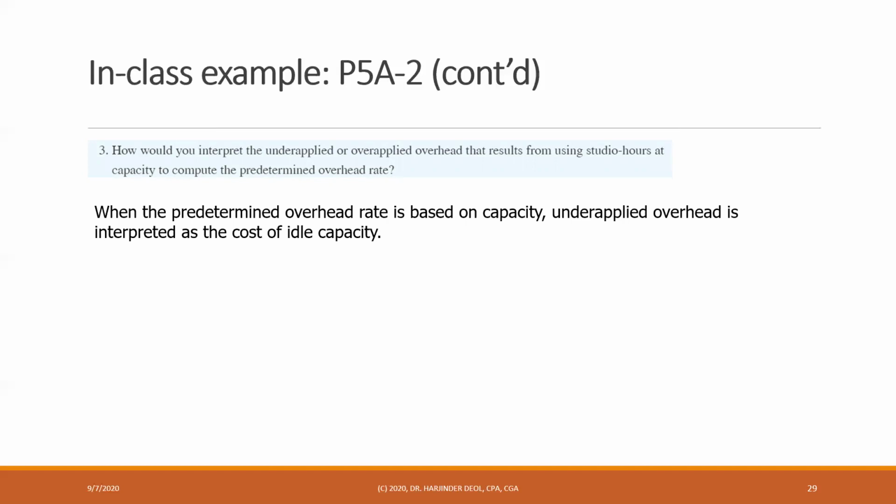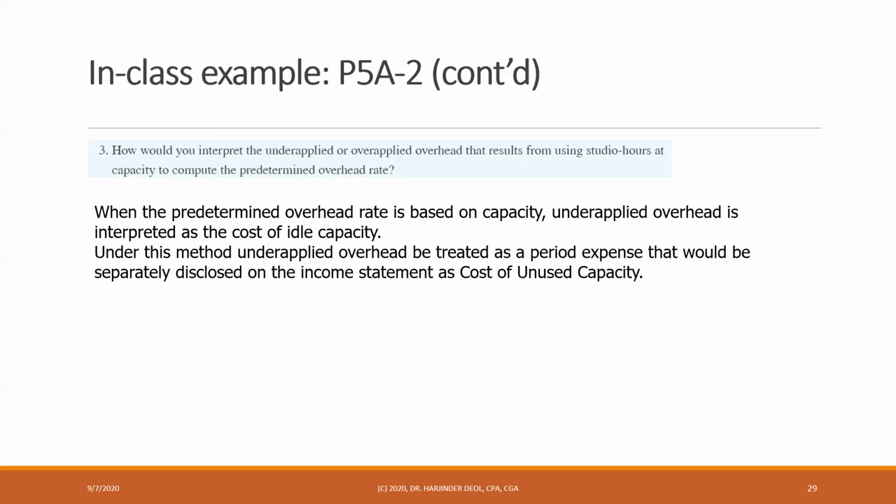So the cost of idle capacity is treated as a period expense, not inventoried. Remember, we talked about product costs versus period costs. The cost of idle capacity will be expensed as a period cost rather than inventoried as a product cost.